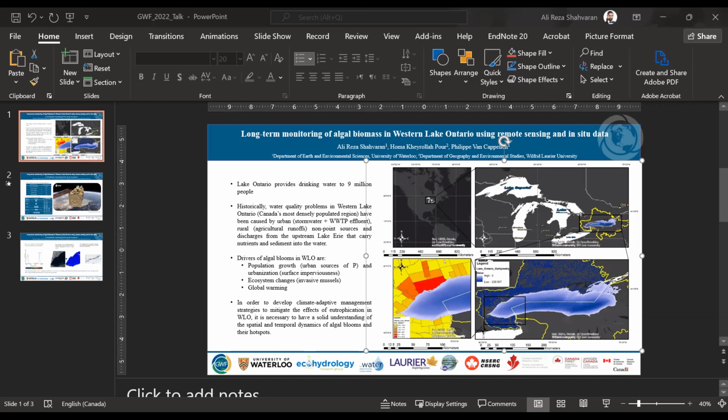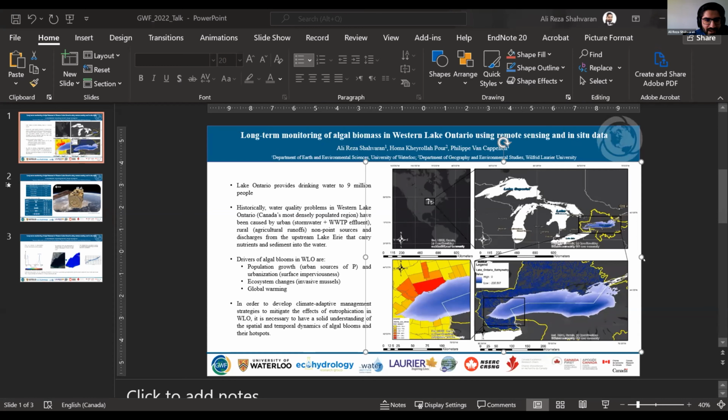Okay, the title of my poster is Long-Term Monitoring of Algal Biomass in Western Lake Ontario using remote sensing imagery and in situ data. Lake Ontario provides drinking water to more than 9 million people. Historically, water quality problems in Western Lake Ontario, Canada's most densely populated region, have been caused by urban, rural, and agricultural sources and discharges from upstream Lake Erie that carry nutrients and sediments into the water.